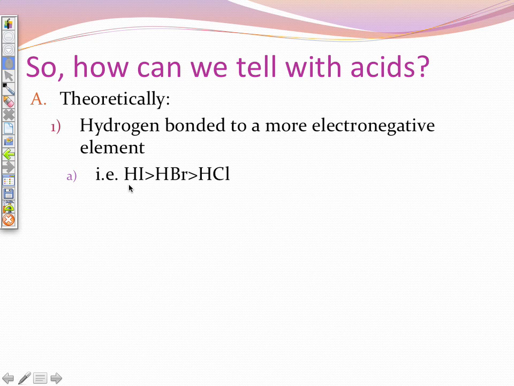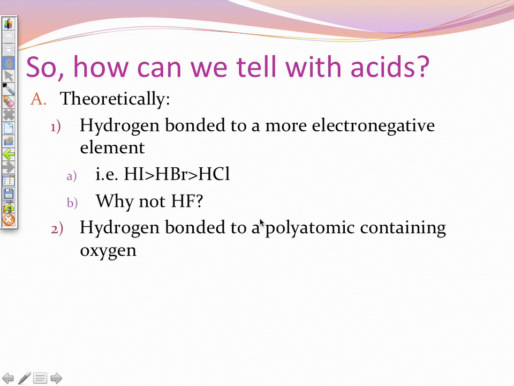So since it dissociates more, it is a stronger acid than bromine, which is stronger than chlorine because it's also below chlorine on the periodic table. We don't consider hydrogen fluoride in this because it's not going to dissociate as well in water because the strong hydrogen bonds between different molecules of hydrogen fluoride is going to hold them together quite tightly.